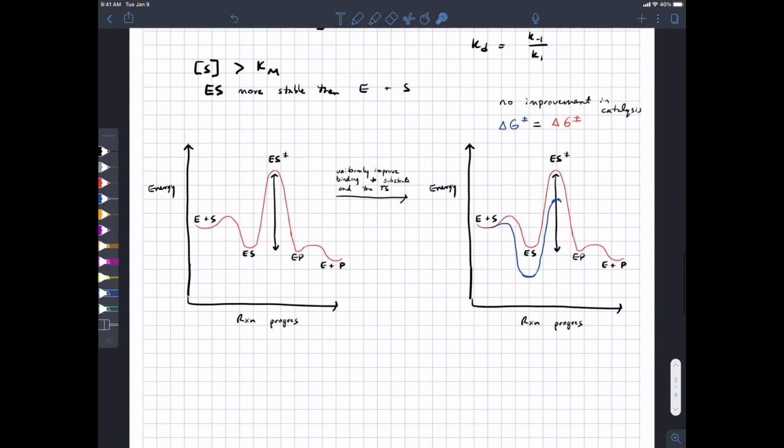That means if your physiological concentration is greater than your Km, it doesn't make a huge amount of sense for nature to try to bind the substrate more tightly, right? And this is why you will find that for many enzymes, the Km value is equal to or slightly greater than the substrate concentration, whatever that is.